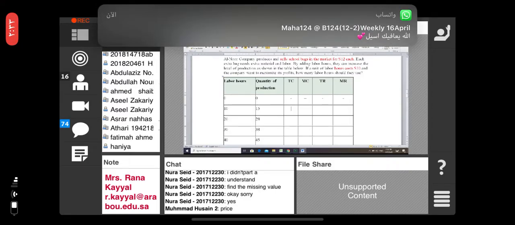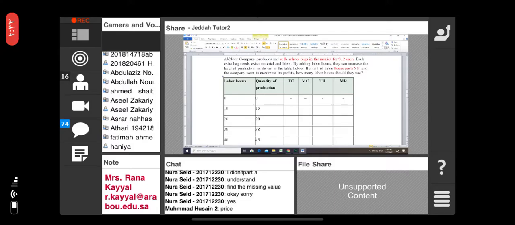It's price, or revenue, yes. If a labor unit costs $10, what do I mean by a unit of labor hours costing $10? I'm talking about the cost of production.